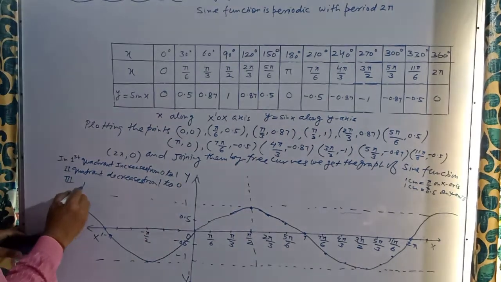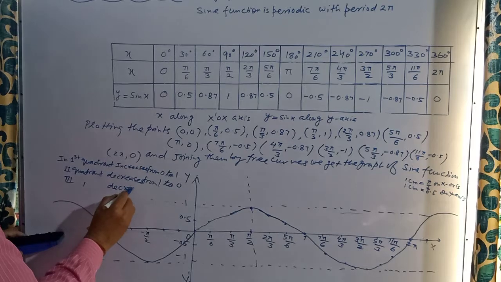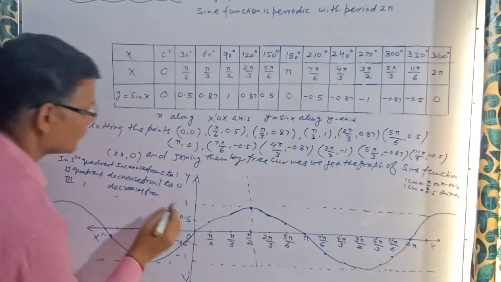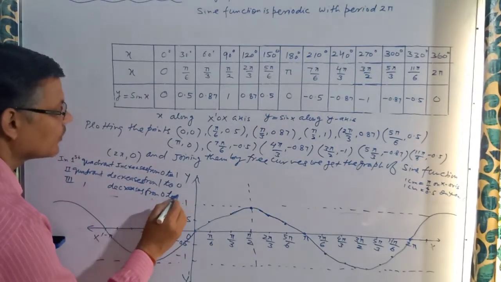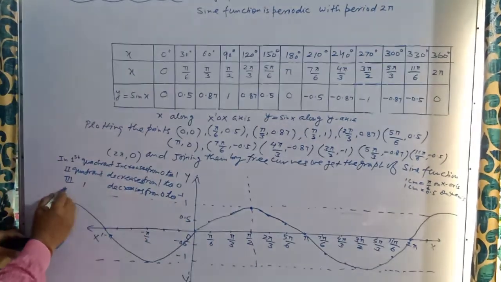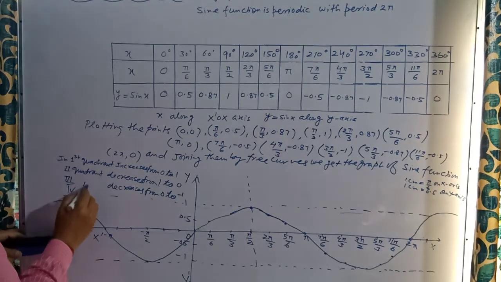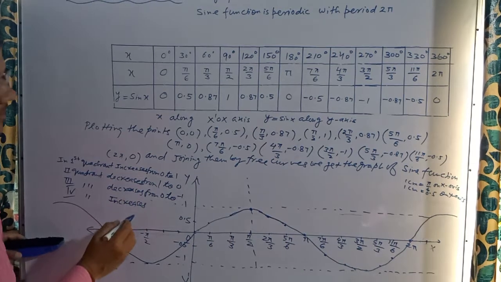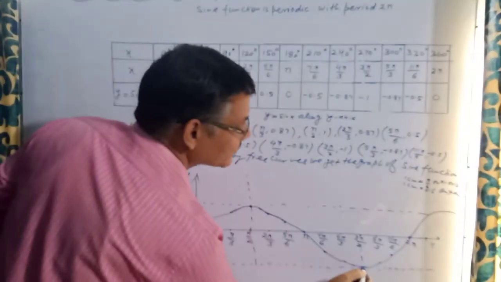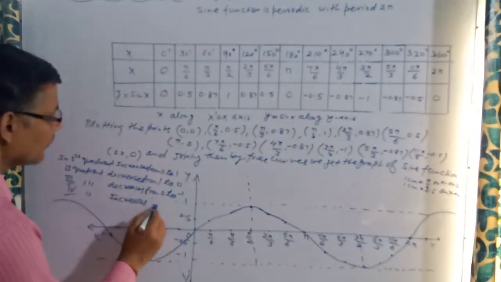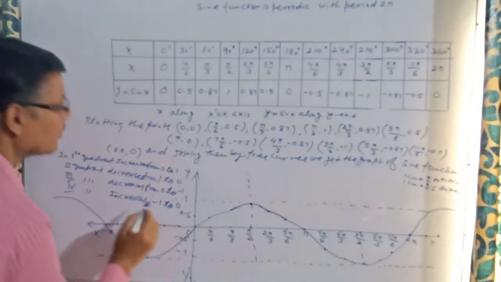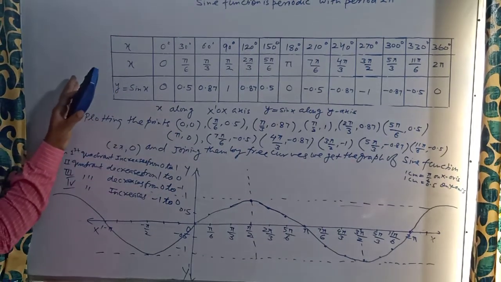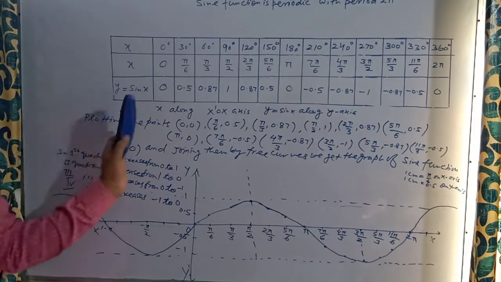Then third, again decreases from 0 to minus 1. And fourth quadrant, again it is increasing, at 3 pi by 2 it is minus 1 to 0. It is about the graph of sine function, and it is very easy. So practice it using graph paper. For you it is easy to make it. Okay.